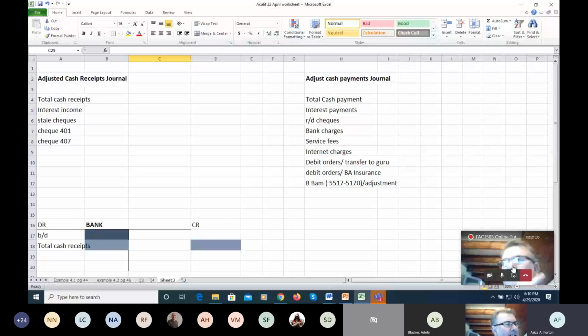In this example, step 1 and 2, I'm on page 73. It's example 5.2 of your study guide, the green one. The bank account in the accounting records of Think Tank showed an overdrawn balance of 103 on the 31st. On the same day, the bank account shows a favorable balance of 140. So I am going to put my 140 in my bank recon.